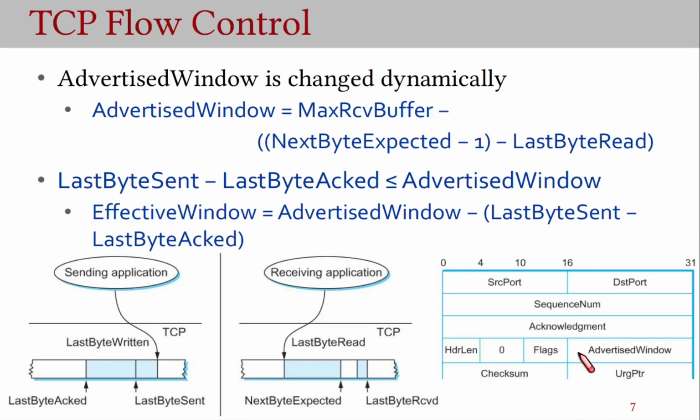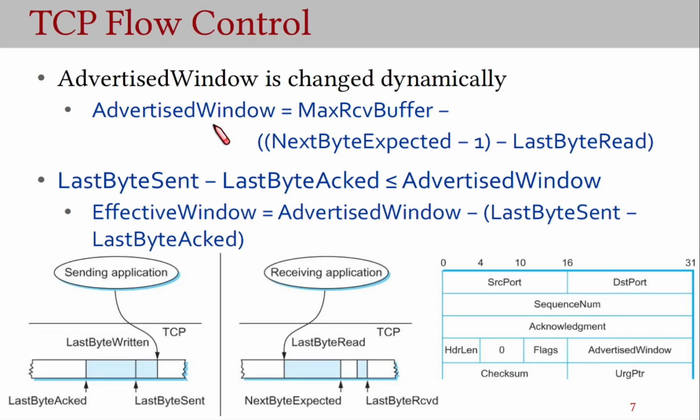The receiver informs the sender of the available buffer space through this field in the TCP header, the advertised window field. And as we discussed before, the value that the receiver is going to send in this field is going to change according to how much buffer space is available.